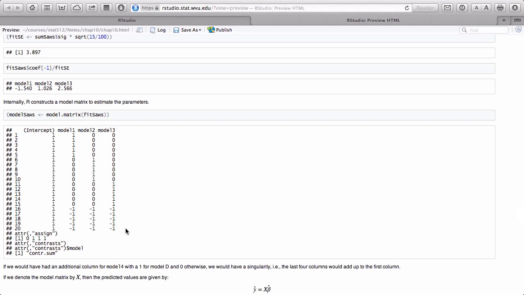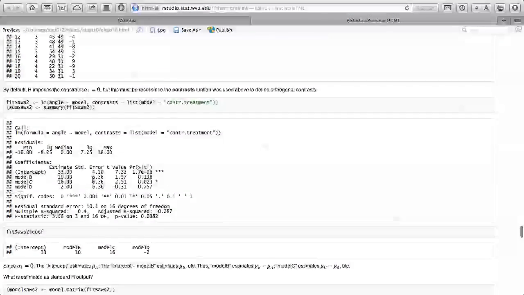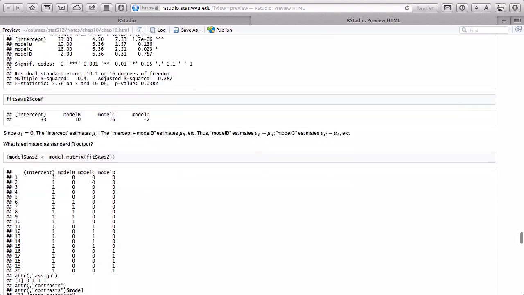It has 1s down the diagonal, and then it's got minus 1s, and that's because alpha 4 is equal to minus alpha hat 1, minus alpha hat 2, minus alpha hat 3. So that's why those minus signs come in. So that defines that last effect. And then what I'm showing you, again, I went through this last time, is what R does.